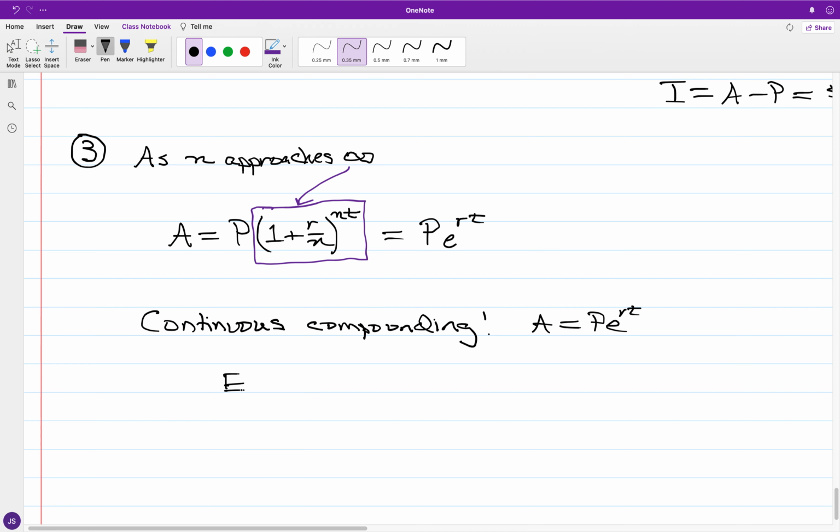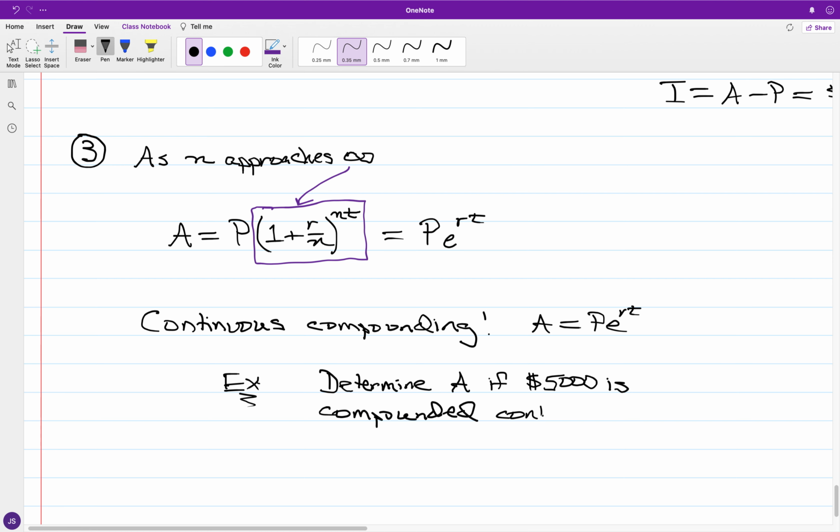And we'll say, for example, if we're looking at determining A, and we'll say we have the same $5,000 compounded continuously at 3% for 6 years.